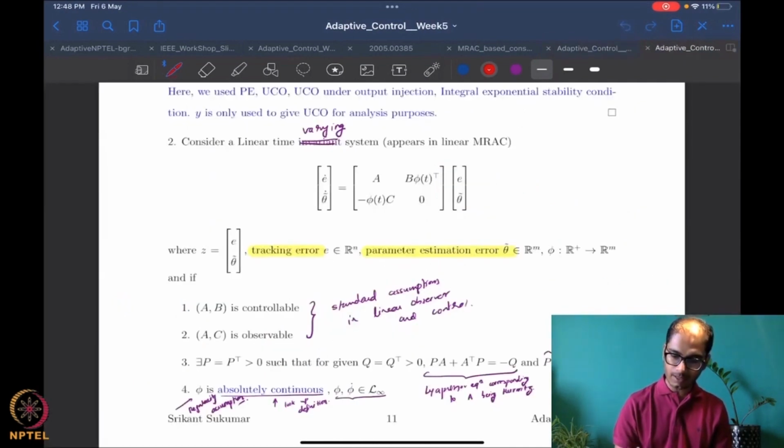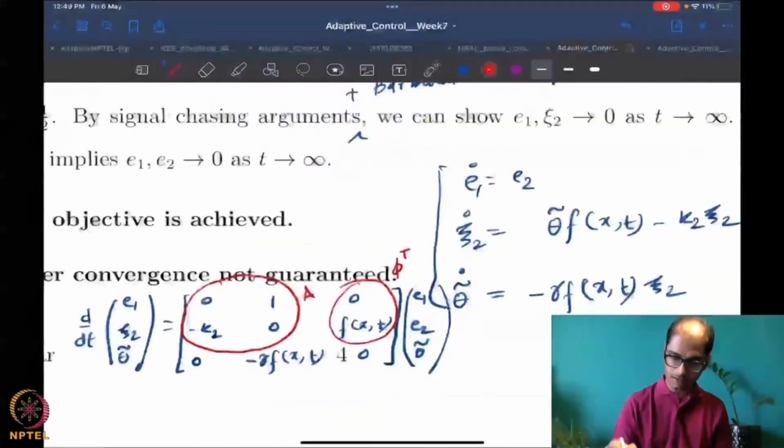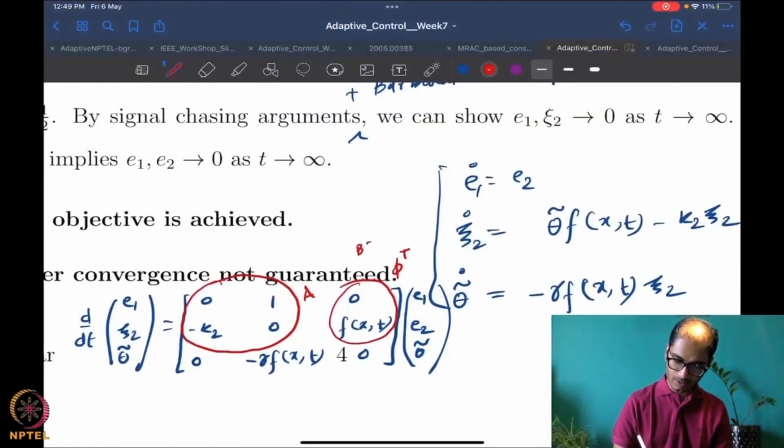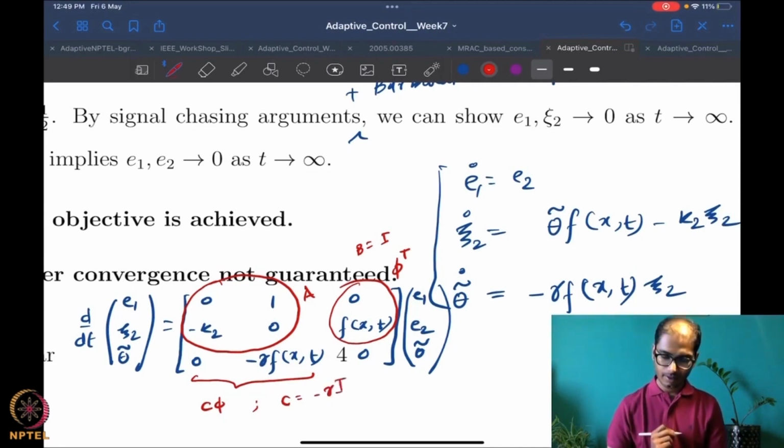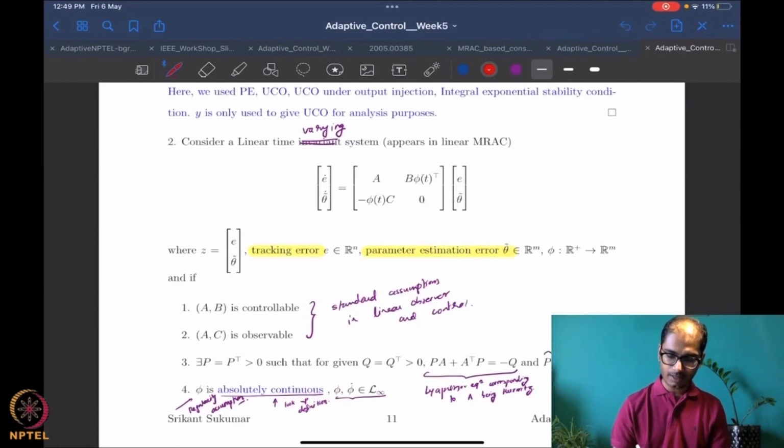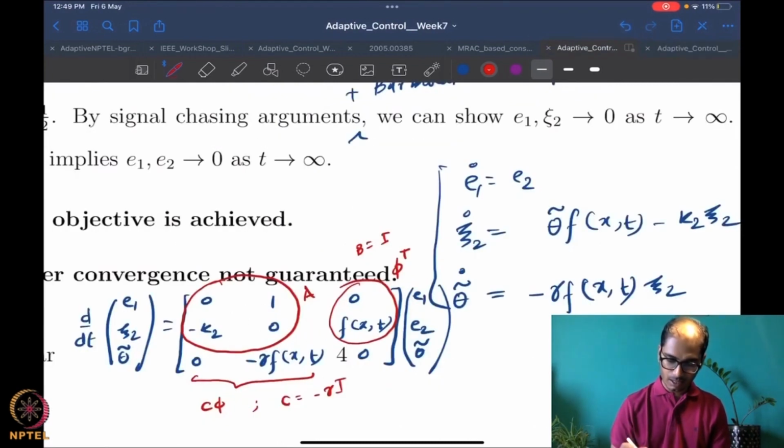So in this case, your B is just the identity matrix, so B equal to identity. And this is C phi, where C is equal to minus gamma identity matrix. You can just call it a scalar in this case. B is a scalar, it's 1, and C is still minus gamma.